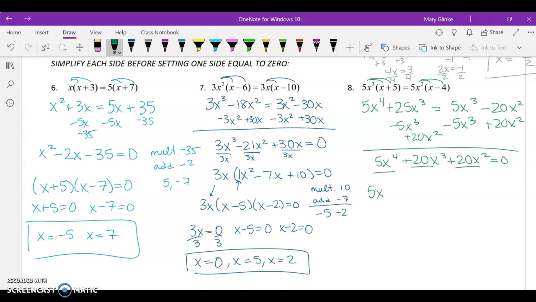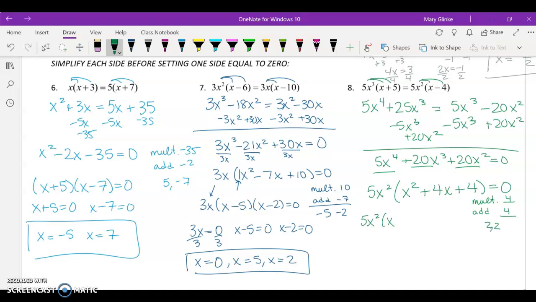Factor by taking out a GCF of 5x squared. We get x squared plus 4x plus 4. We're looking for what multiplies to get 4, but adds to get 4 as well, which would be 2 and 2.